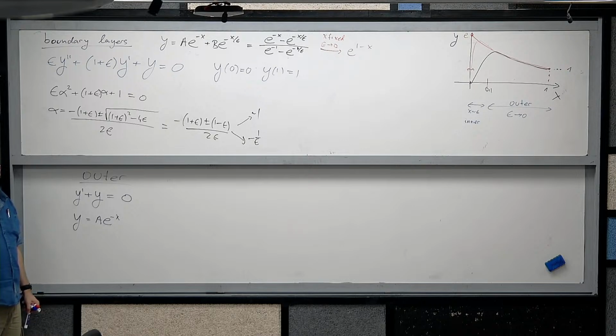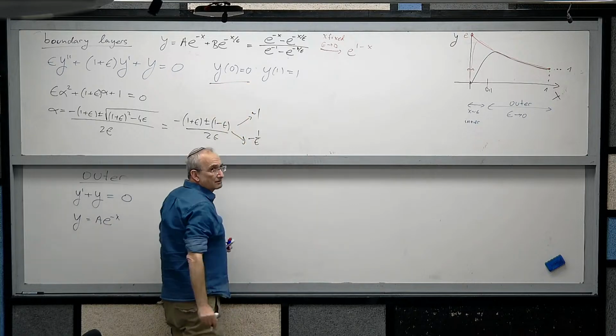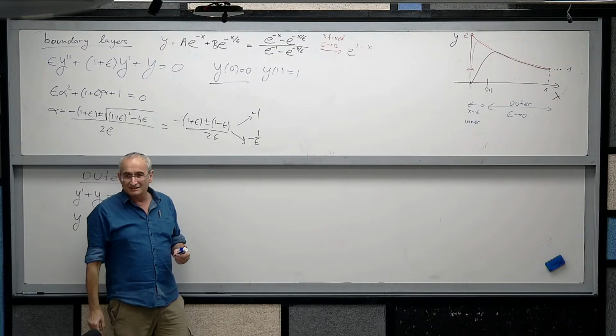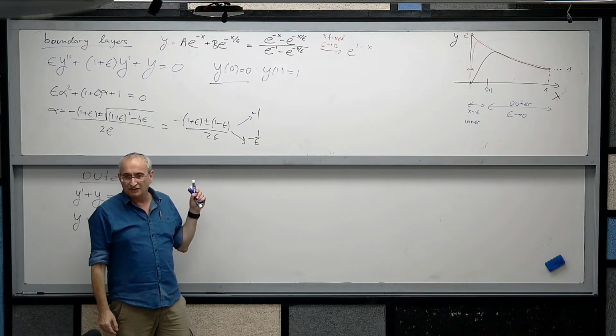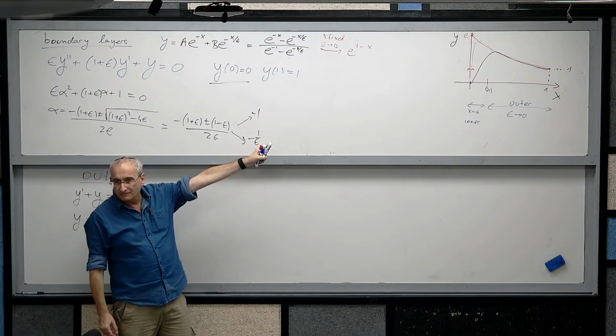How am I going to determine this constant? We have y(1) equals 1. Why am I taking y(1) equals 1 and not y(0) equals 0? Because it's on the outer. You see, I'm not using this solution because this boundary is in the inner solution and not in the outer solution.